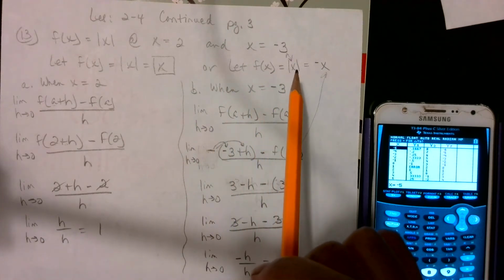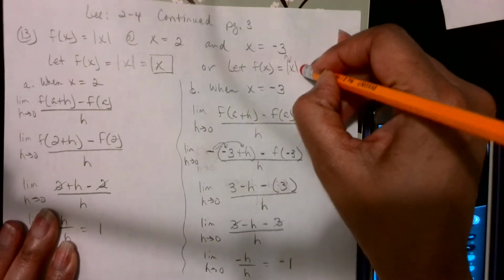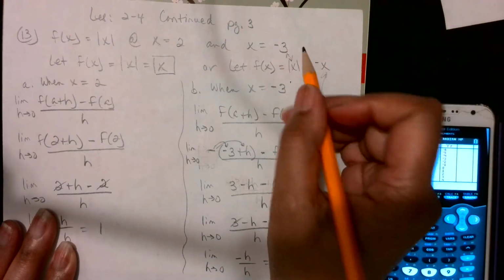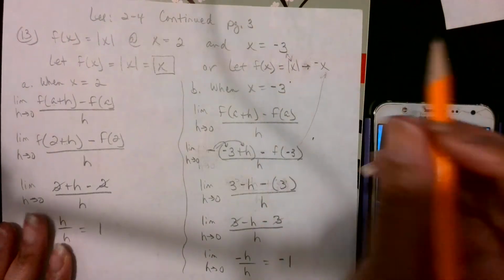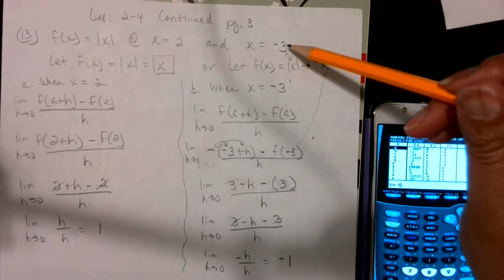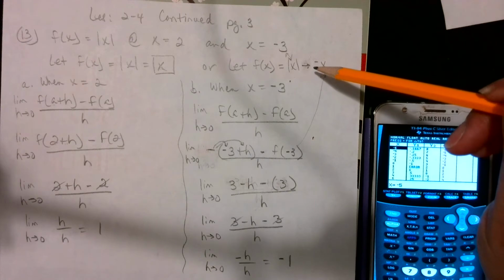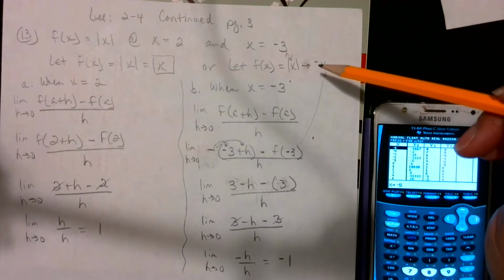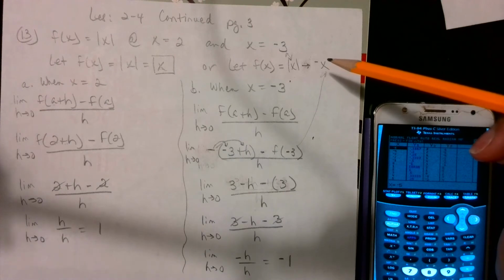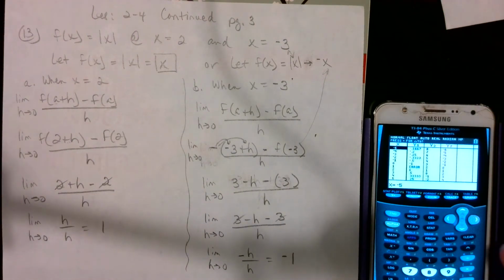So the only way to make this 3 negative is if the function became negative. Past that, it would be positive, because absolute value is always positive.